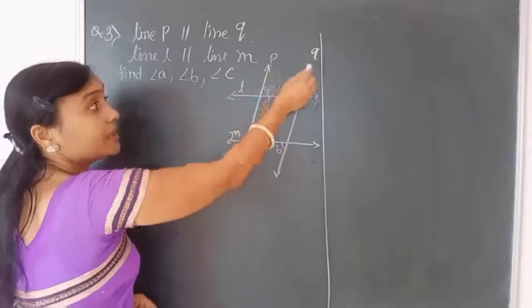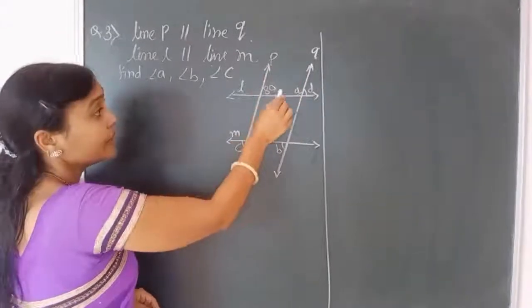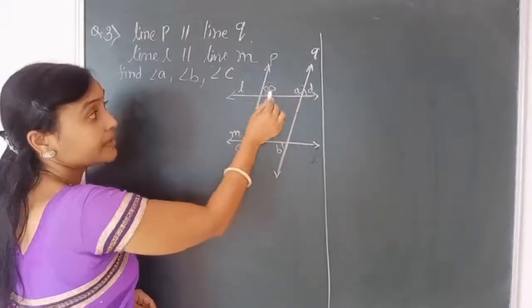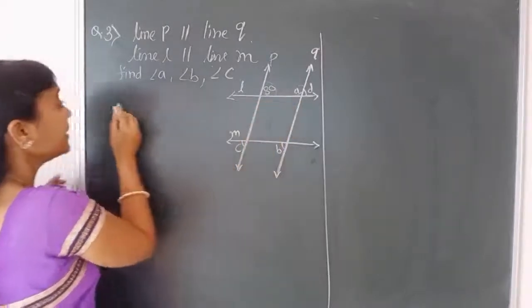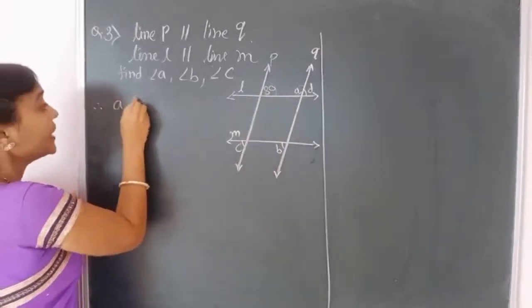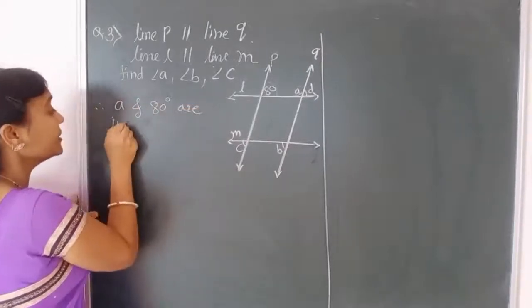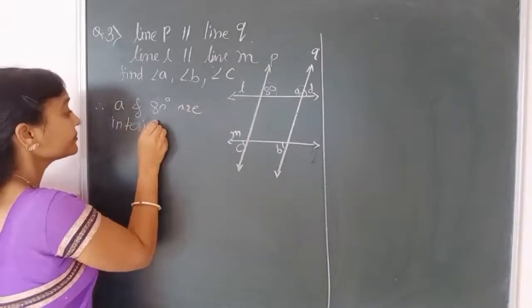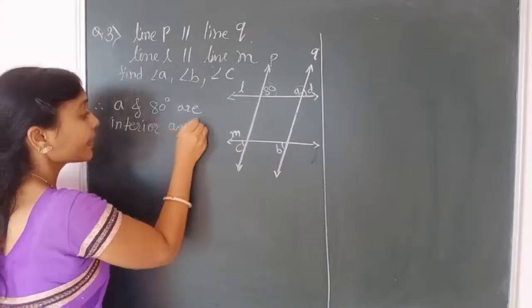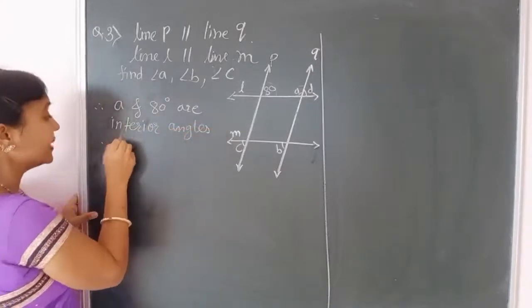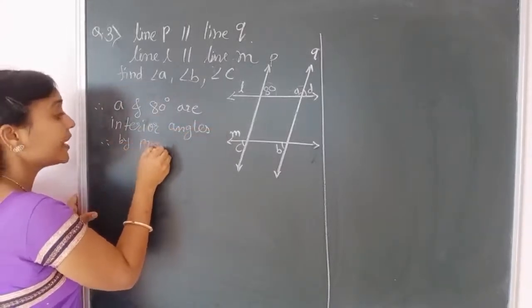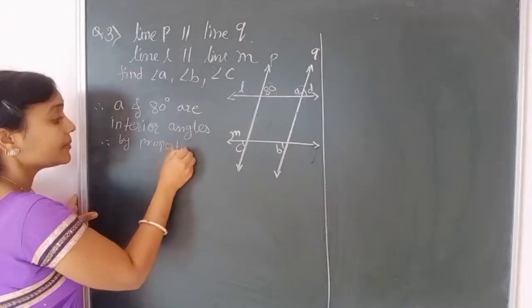P and Q are the parallel lines. So inside the parallel lines, these angles are the interior angles. So we write down A and 80 degree are interior angles. By the property, interior angles are supplementary.